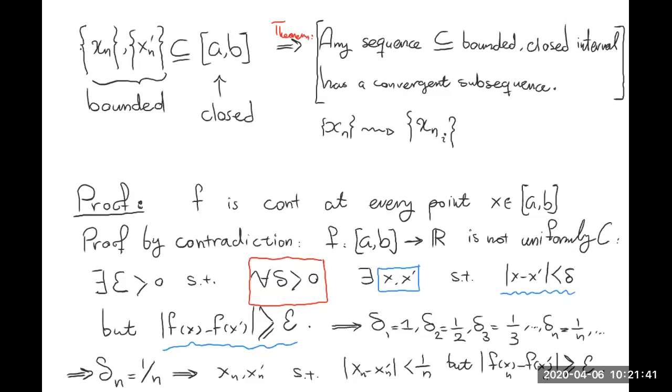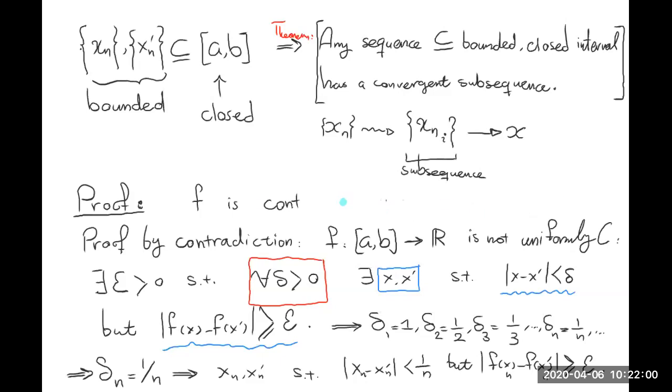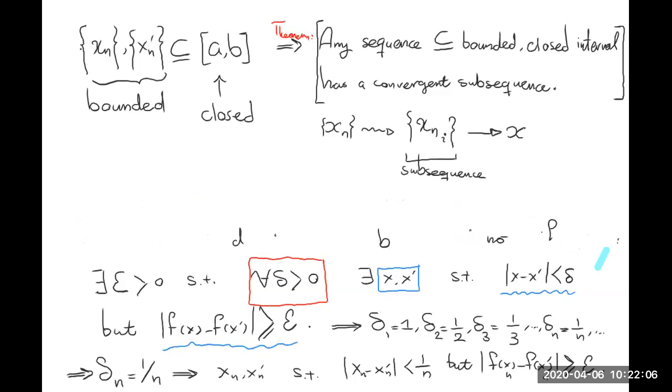So it's a subsequence such that this subsequence is convergent. It converges to a point. I denote this point by x. Okay, let me erase the rest.